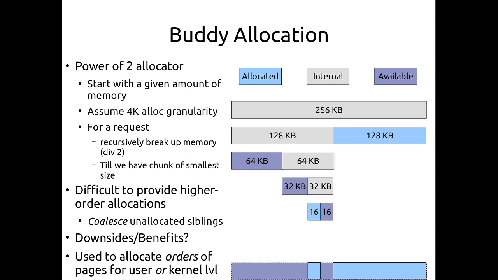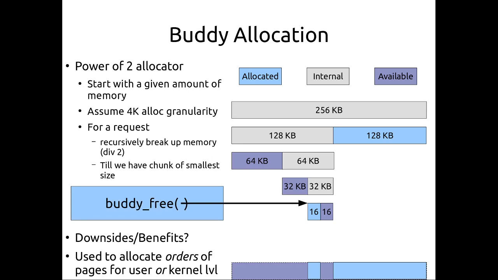So it becomes more difficult. Now, we still want to be able to satisfy larger allocations, which means we want to be able to coalesce in some way. And we see that when we execute a free operation on that 16 kilobyte chunk that we previously allocated.